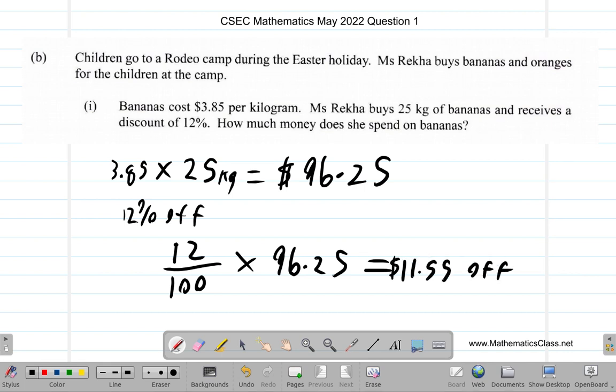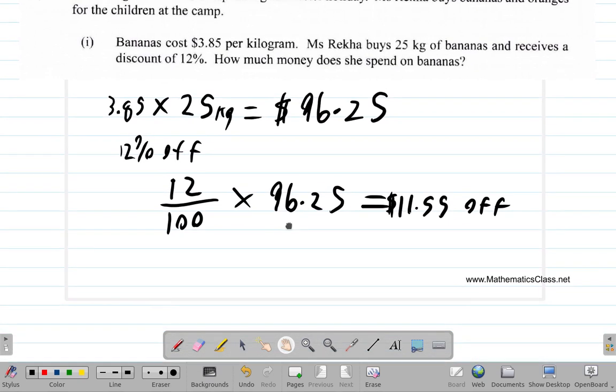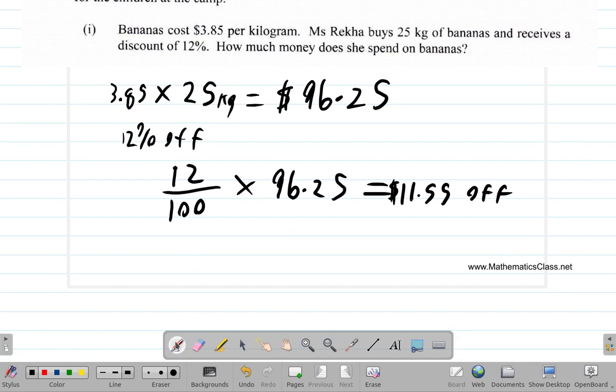So if she gets $11.55 off, which is 12% off, then she spends how much? That's $96.25 minus $11.55.